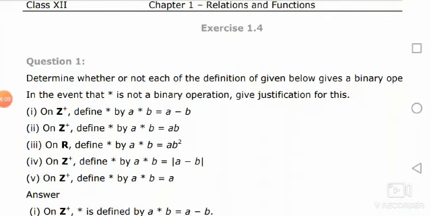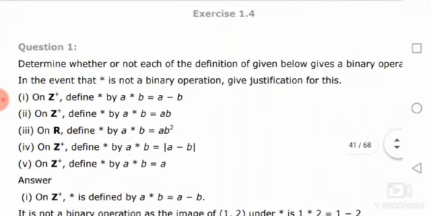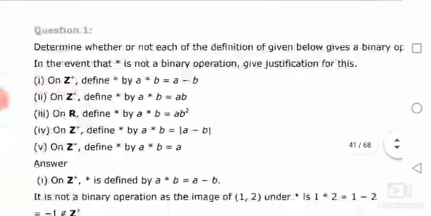Now, my dear students, we are going to solve a few questions from exercise 1.4. Question number 1, exercise 1.4. Determine whether or not each of the following definitions gives a binary operation.